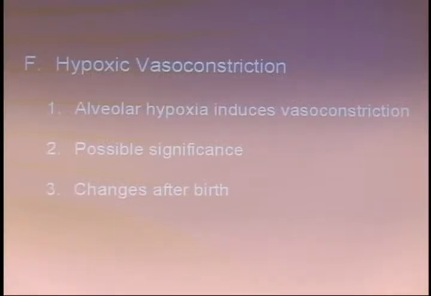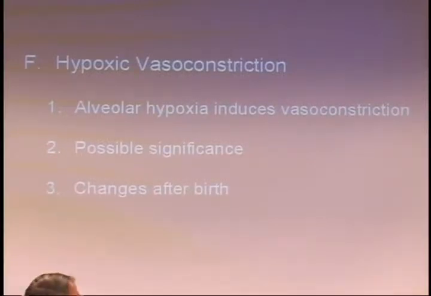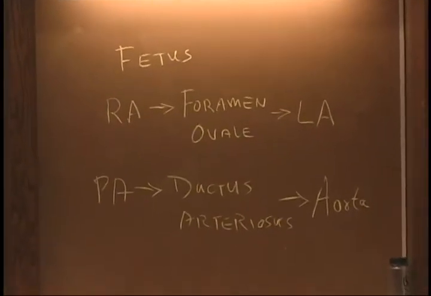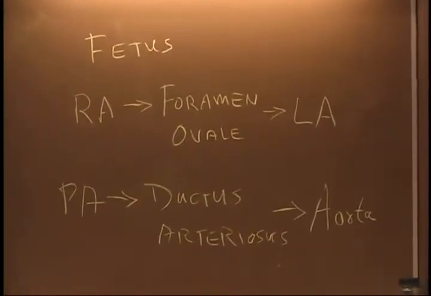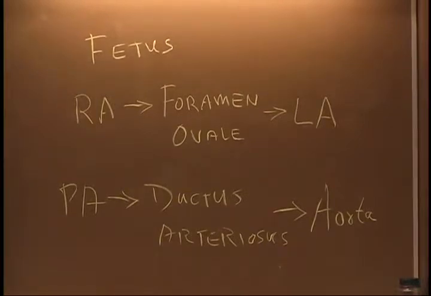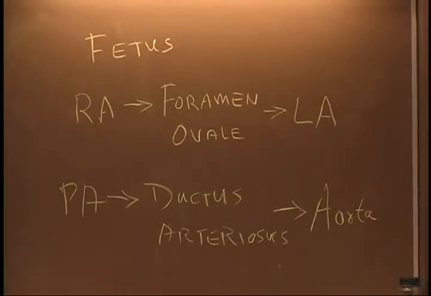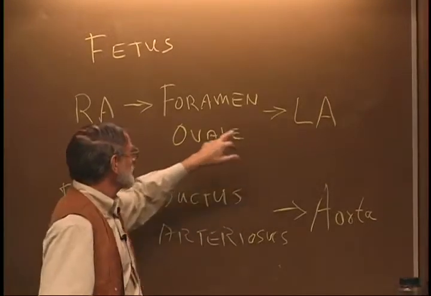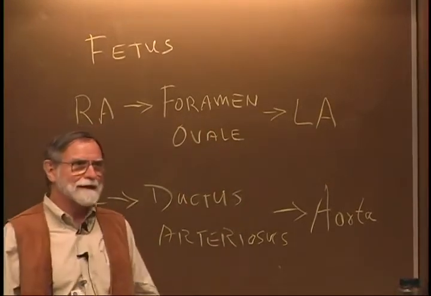Over here on the blackboard, I have jotted down in a very succinct form about the only thing you need to note. But I'm going to show you a slide that's not in your lecture outline. If you look at the blackboard, in the fetus there's a connection between the right atrium and the left atrium, called the foramen ovale.